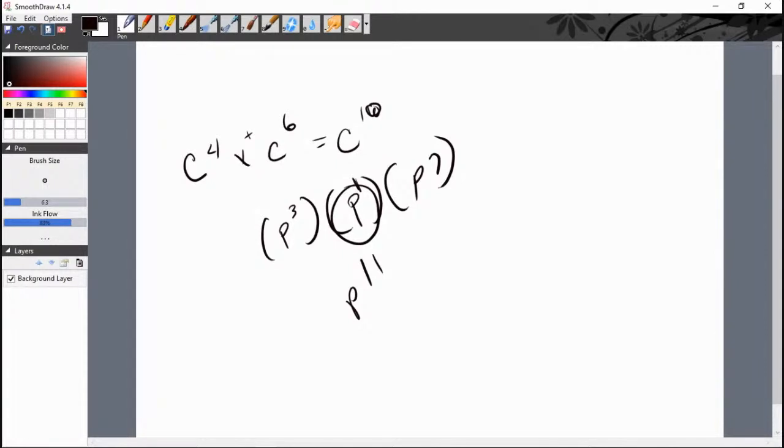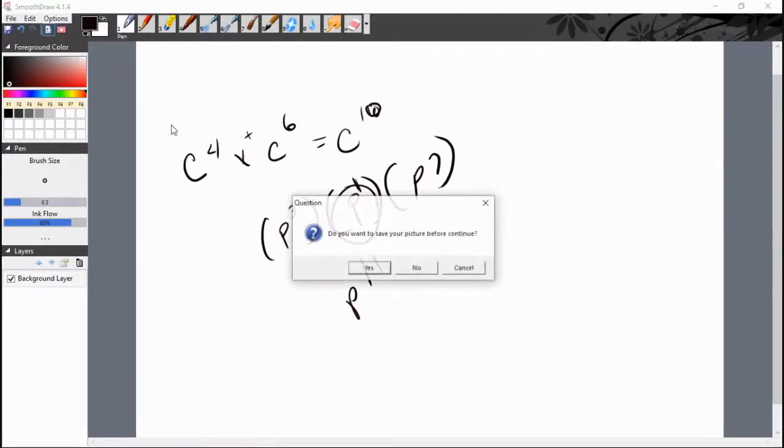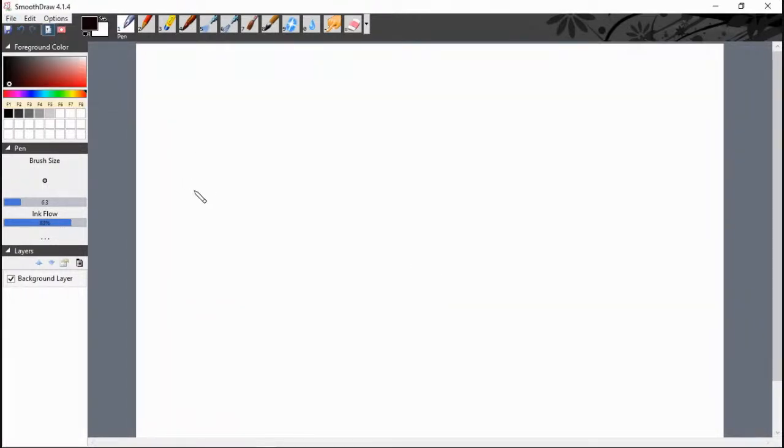When you have something like this, x to the 3rd power times x to the 5th power, y to the 2nd power times y to the 6th power. I'm sorry, this is supposed to be y.